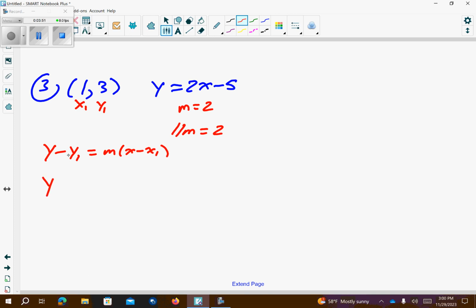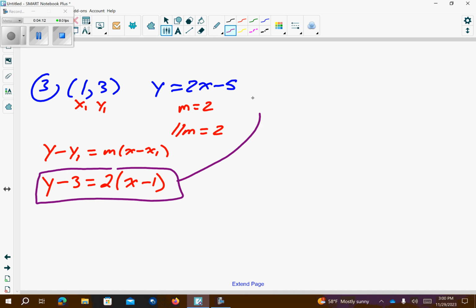So remember, this y value is a positive 3, so it plugs in as a negative 3. Our slope plugs in directly. And we're going to have x. This is a positive 1, so it plugs in as a negative 1. So this is the equation. This is the equation that is parallel to this equation, but it also contains this point.